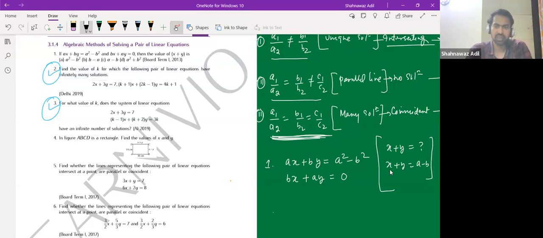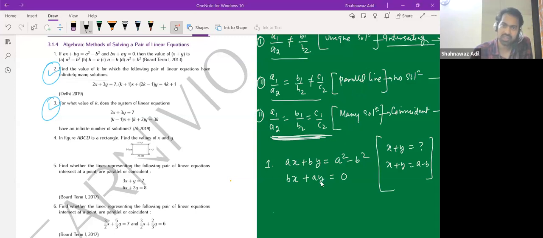Abhi, Shaima, Amira, what should we do in this question? How should we proceed? Yes, multiply in order to get the same coefficients. Okay, this we can do. Multiply to get the same coefficient and then add both the equations.